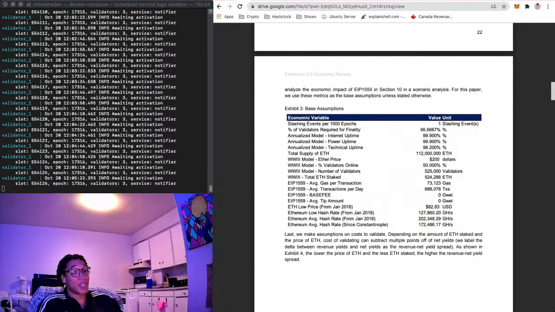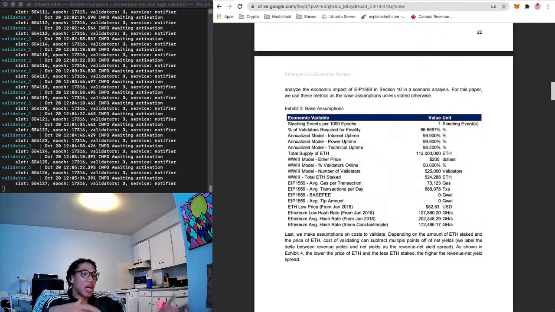So these are high assumptions. 98.2% technical uptime. I would assume that you need to upgrade your node. You need to take your node offline, upgrade, put it back online, that type of stuff. It makes sense. Your node comes offline for that. Some people though, and I guess either way you have to do that. Total supply of ETH, they're assuming would be around that number. I think that's kind of where it is around now.